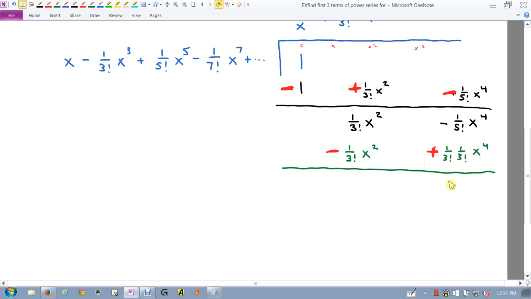So could I write it like this? Could I say that this is 1 over 3 factorial times 1 over 3 factorial minus 1 over 5 factorial x to the 4th? Could I? It's the coefficient of this one, then take away this because it's minus, and then x to the 4th right next to it.